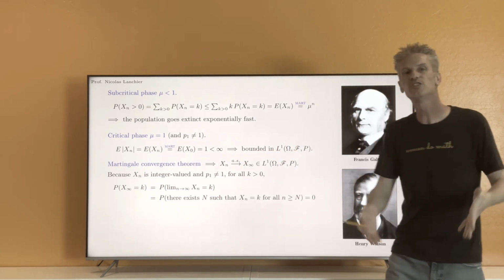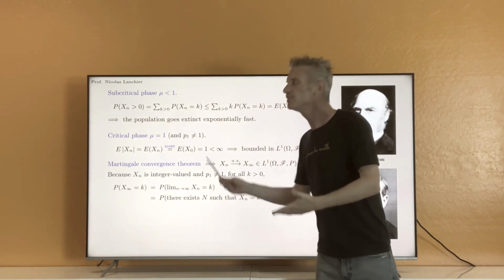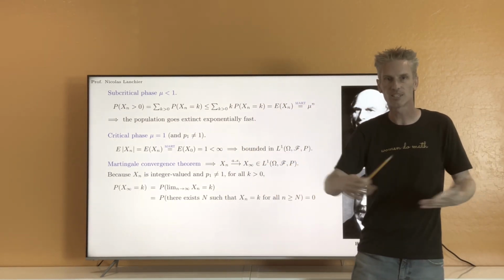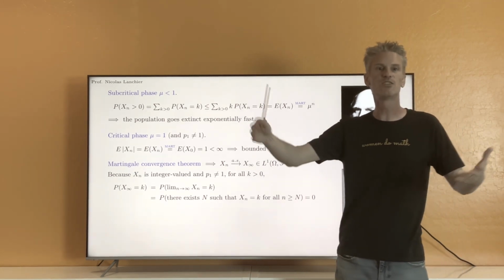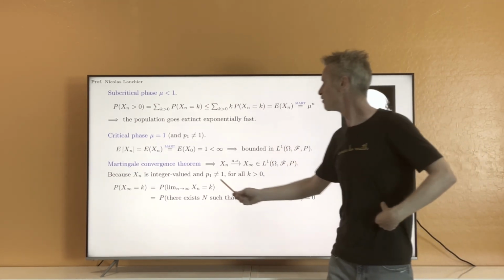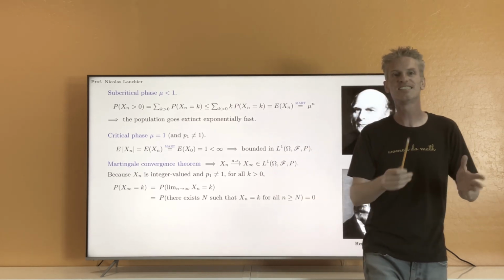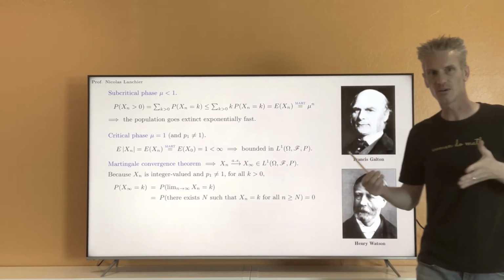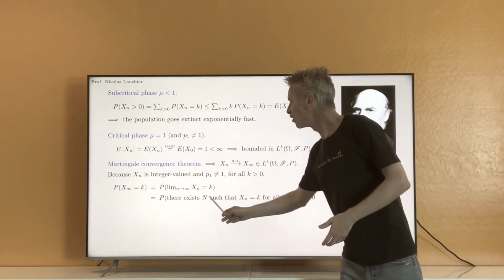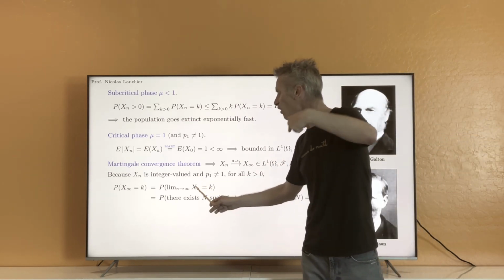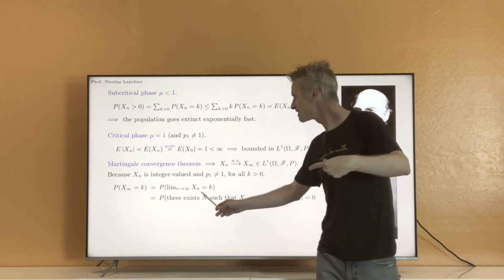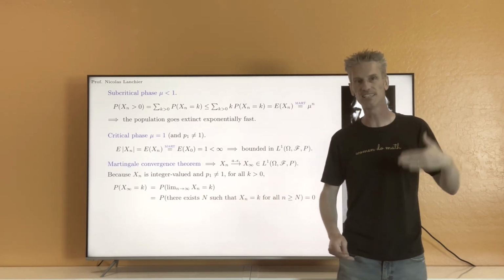So just applying the definition of limit for a basic sequence of real numbers, this tells you that if your sequence is integer valued, then for n large enough, Xn is equal exactly to k.